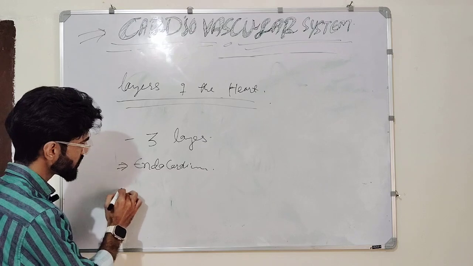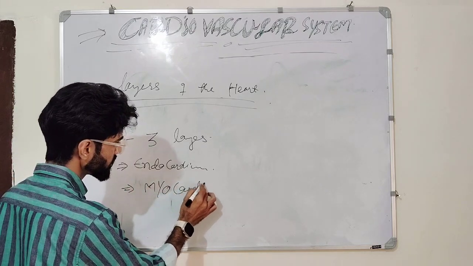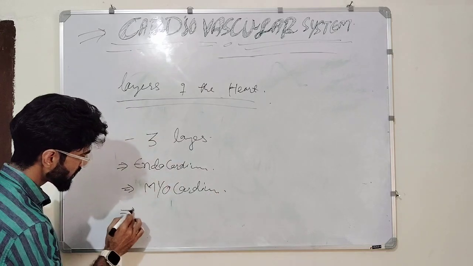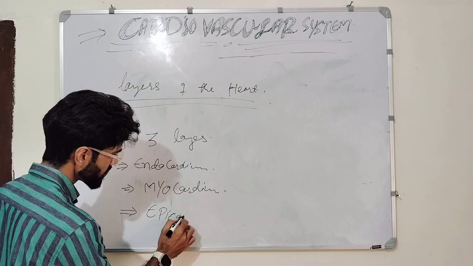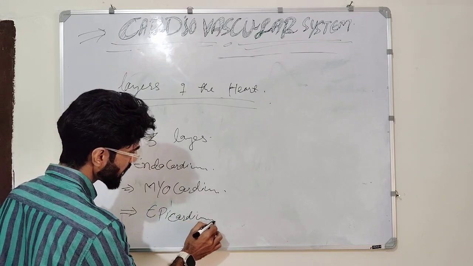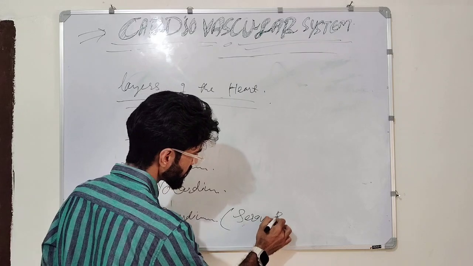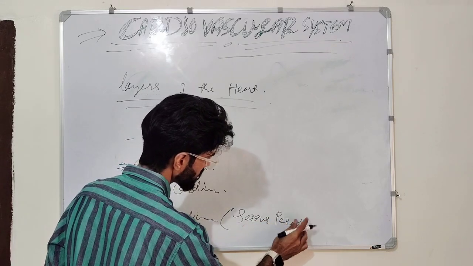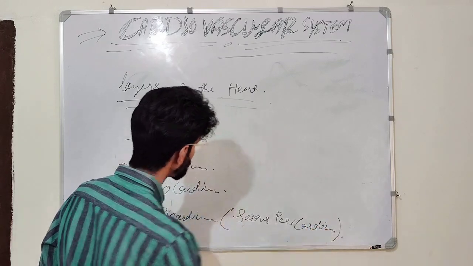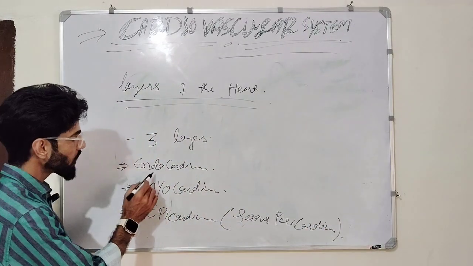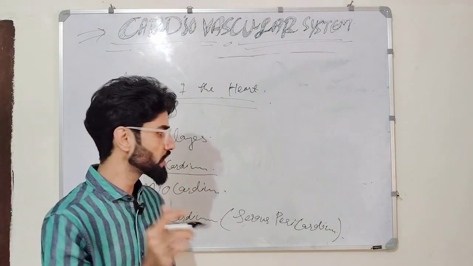The second one is myocardium. And the third one is epicardium, or serous pericardium. Okay, endocardium is the most inner layer of the heart.